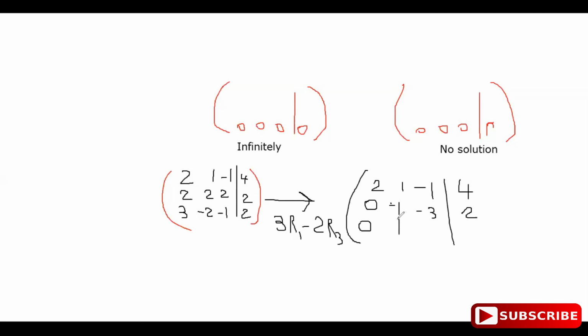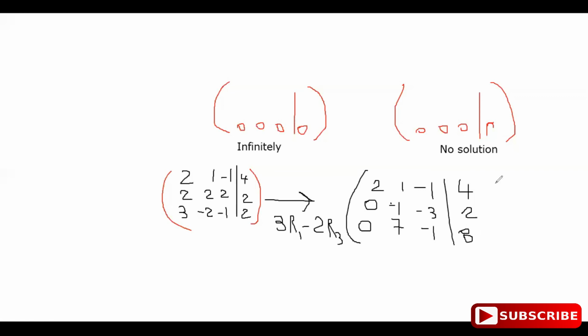Then 3 times negative 1 minus 2 times negative 1 is negative 1. And then 3 times 4 is 12, and 12 minus 4 is 8.